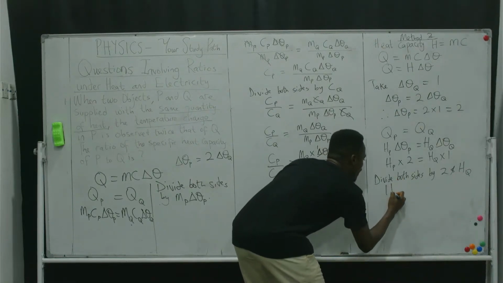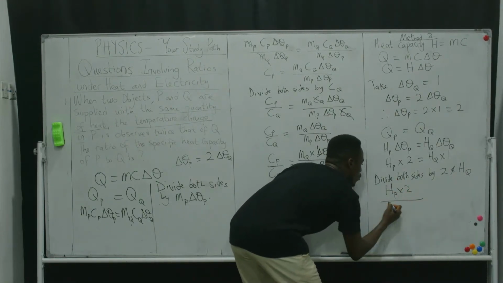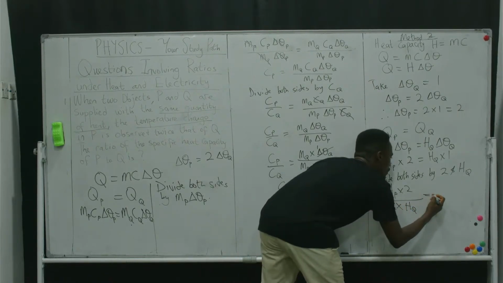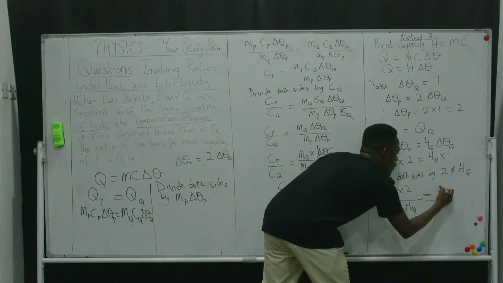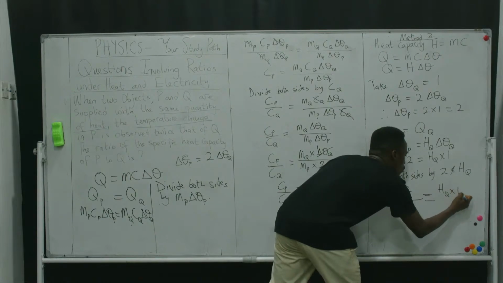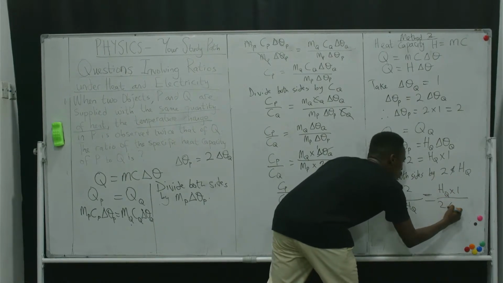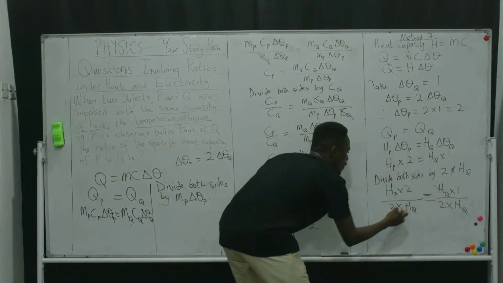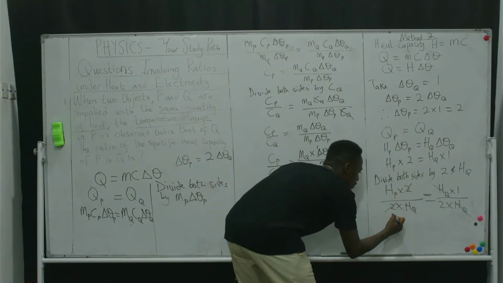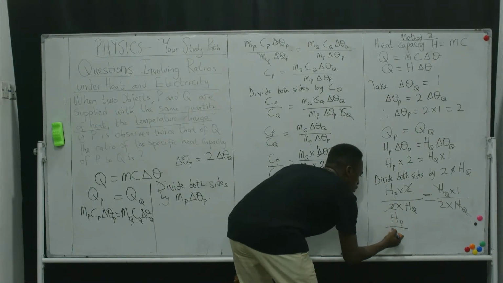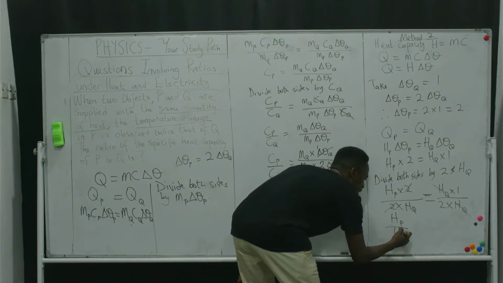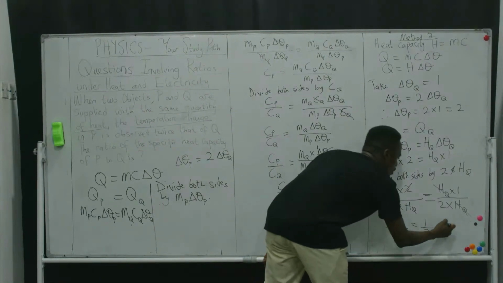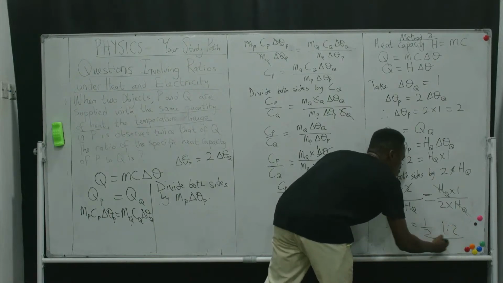We are going to have HP times 2 over 2 times HQ equal to HQ times 1 over 2 times HQ. So HQ cancels out HQ, and the 2 cancels out here. That means heat capacity for the P part over heat capacity for the Q part is equal to 1 over 2, which is the same thing as 1:2.